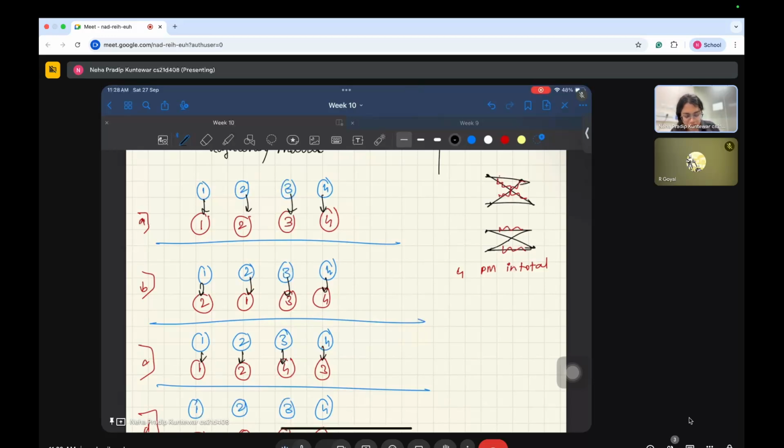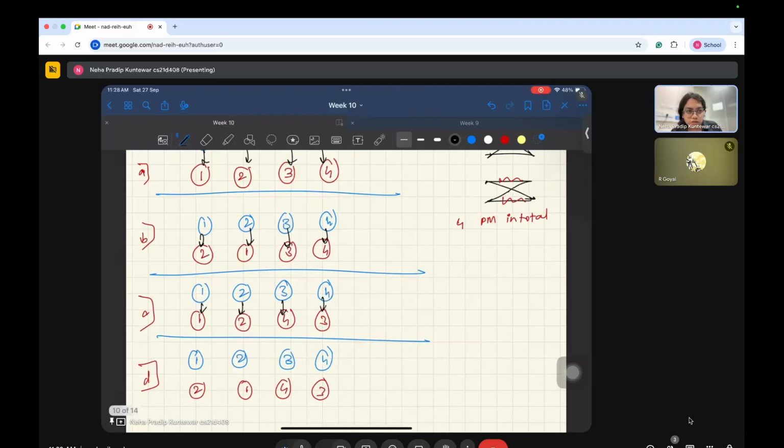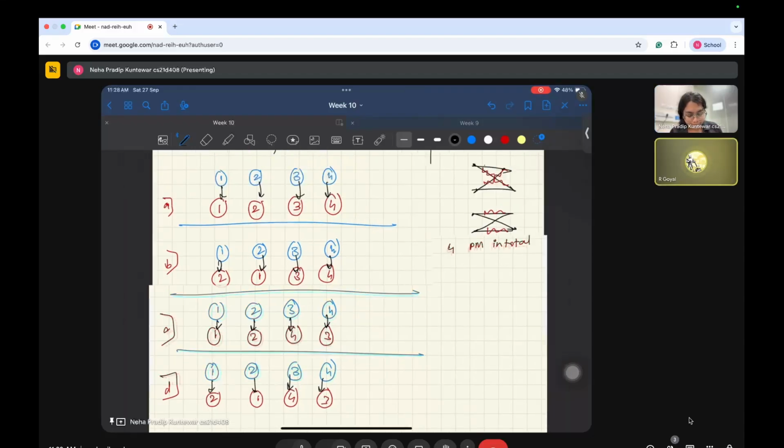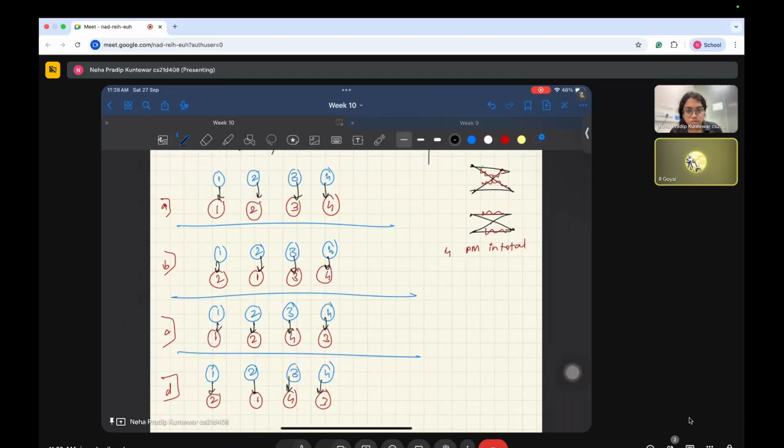Is it one-to-one, is it onto, is it a bijection? Exactly. So this is basically a bijection from 1, 2, 3, 4 to 1, 2, 3, 4.